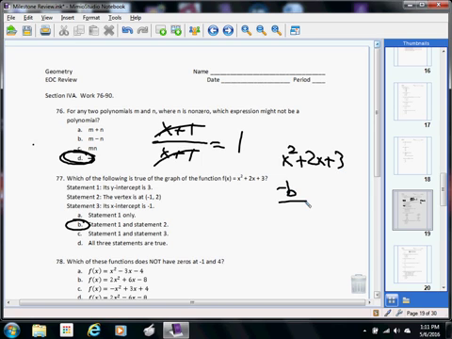So negative b over 2a would be negative 2 over 2 times 1. Well, that's negative 1. So the x value of the vertex is negative 1, like it says. If you take negative 1 and plug it in here, you get 1 plus 3 is 4, plus negative 2 is 2. So this statement is true.